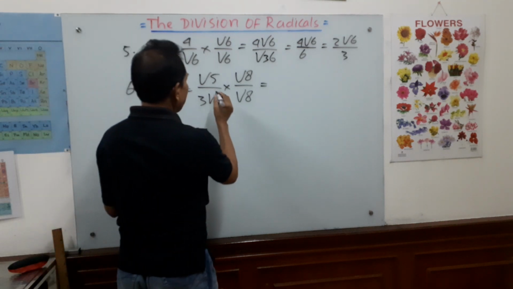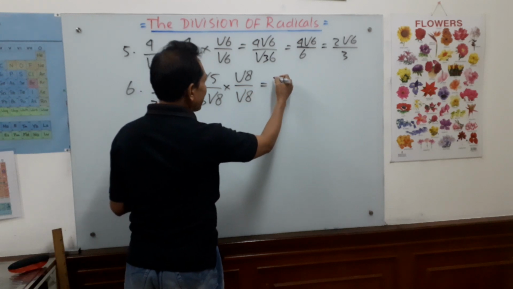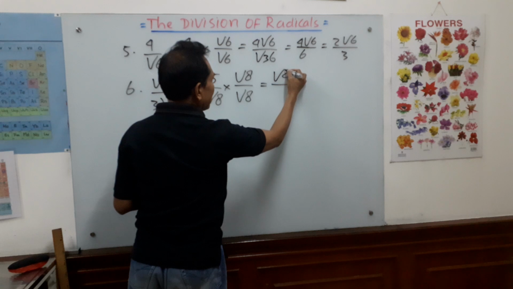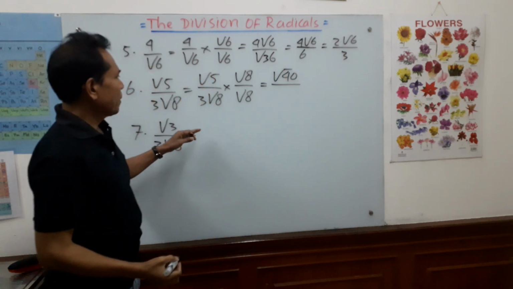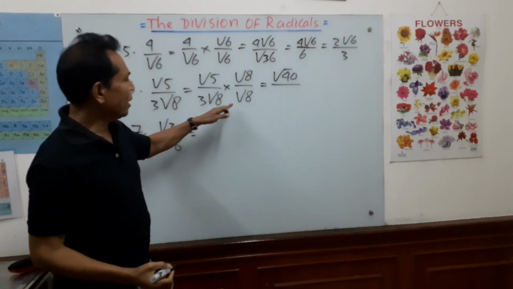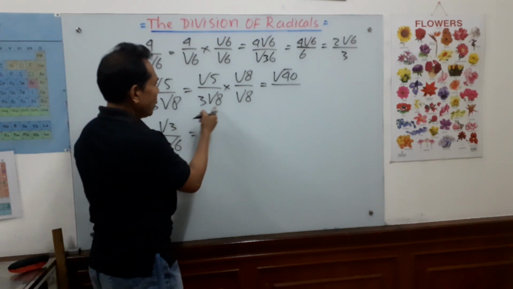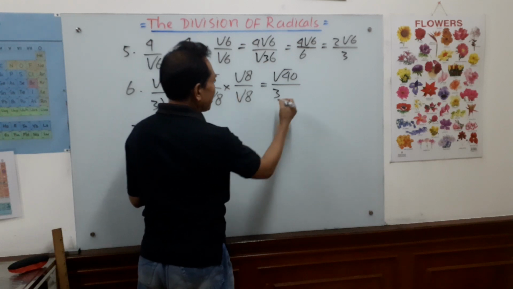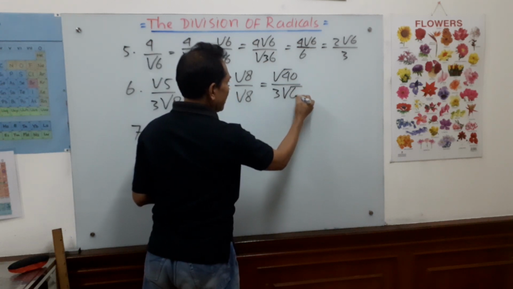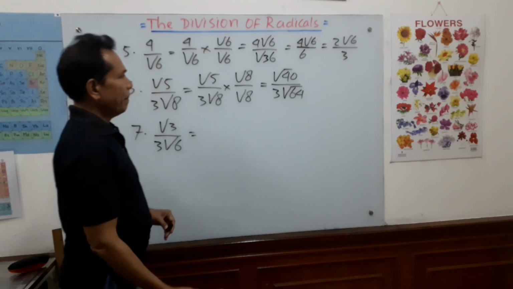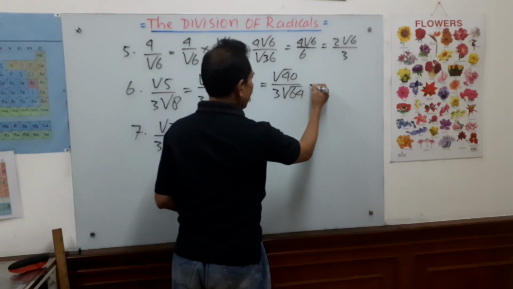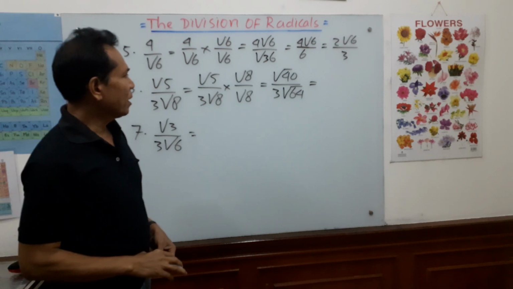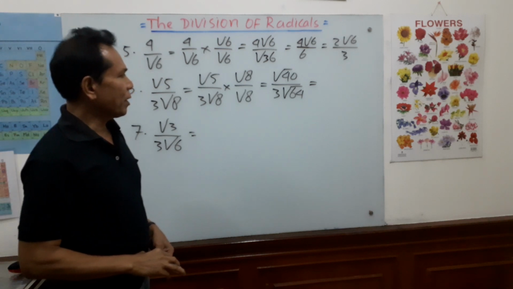So we have square root 5 times square root 8 is square root 40. Now, 3 square root 8 times square root 8 is 3 times 1 is 3, and square root 8 times square root 8 is square root 64. So we have here square root 40 over 3 square root 64.